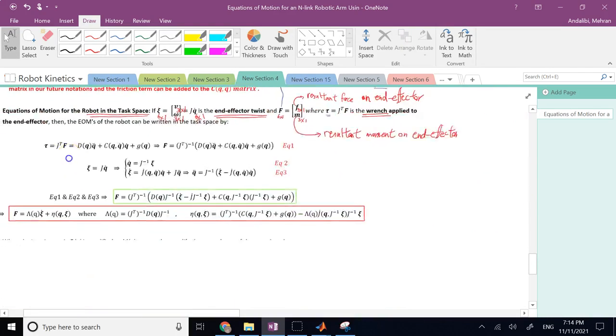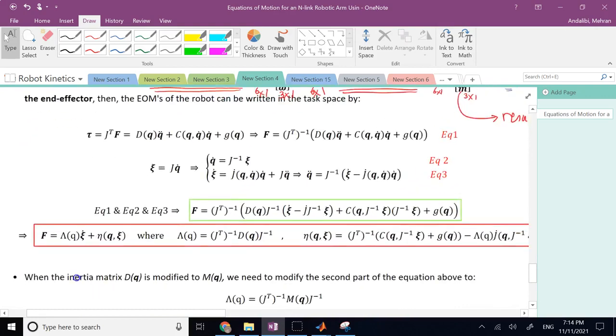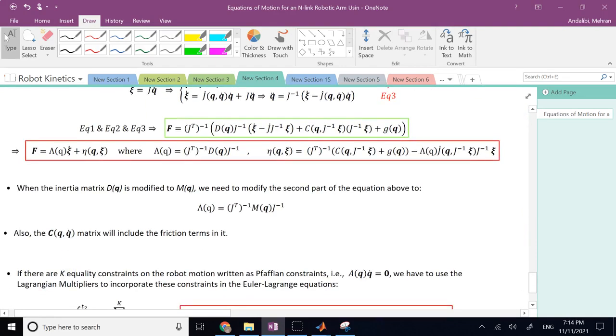Once you do that, you are going to get this important equation in green, and you can write this in a little bit nicer format, as this equation here, where this lambda matrix of q and this eta matrix of q and xi are described by these equations. So if you want, you can write your task space equation in a nicer format. Because if you remember, your joint space was like tau equals some matrix like D times q double dot.